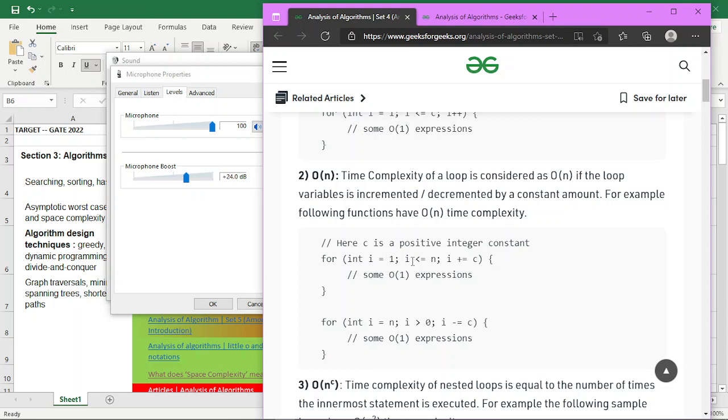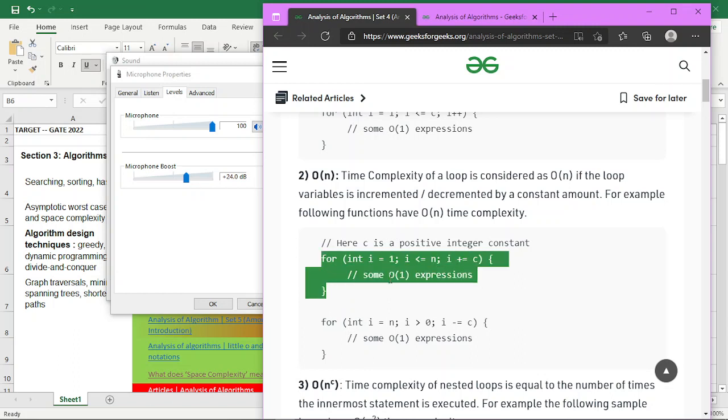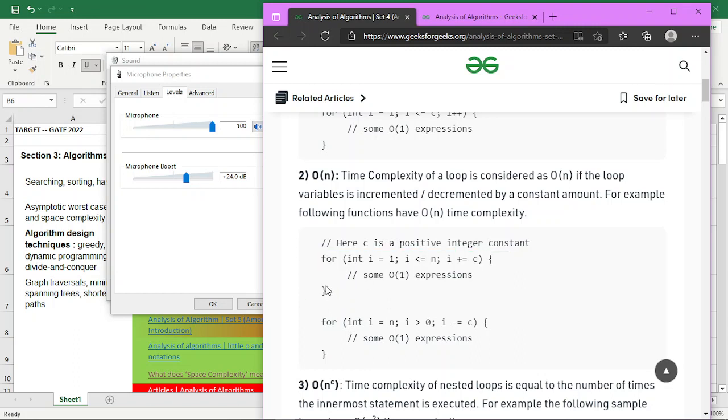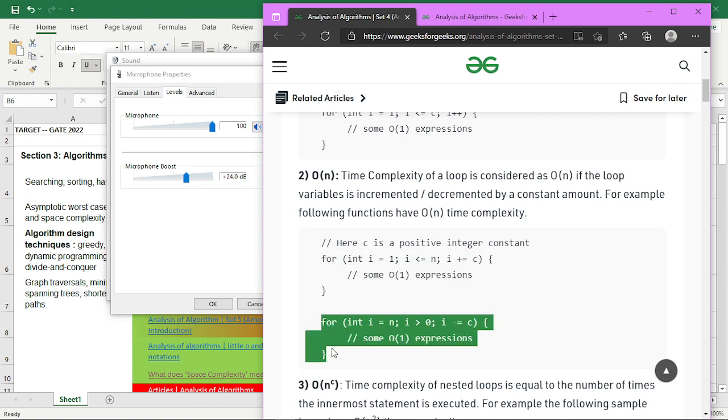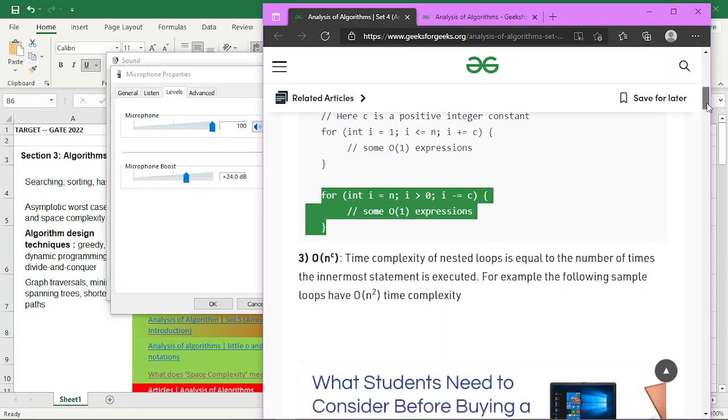That means if the for loop runs n number of times for any order of 1 operation, the time complexity for that algorithm will be order of n. So one for loop can be defined in such a way. Also, this for loop will also give us big O of n time complexity.